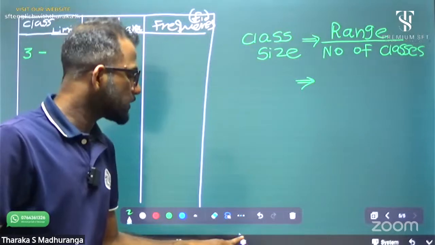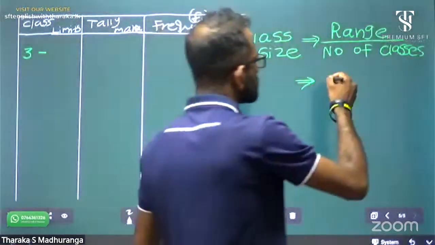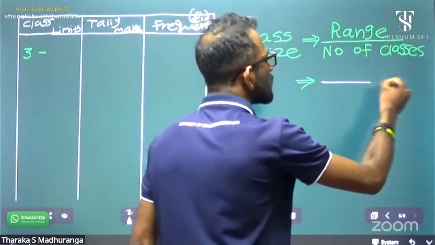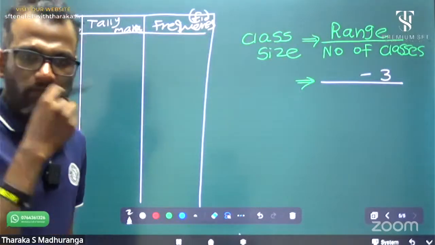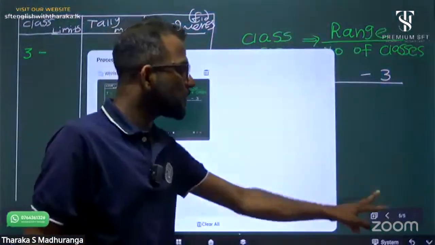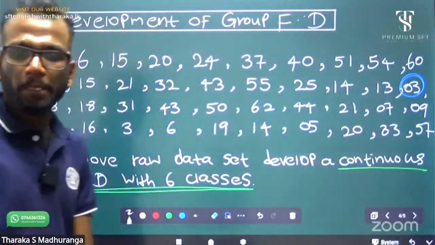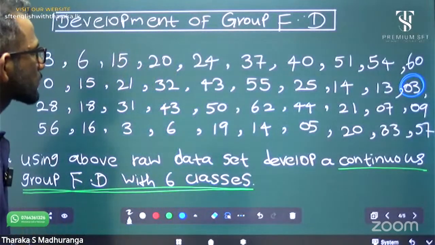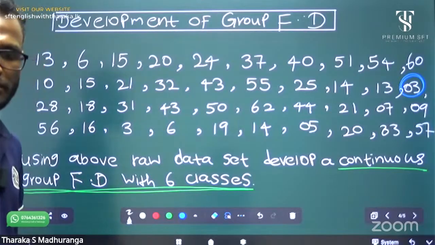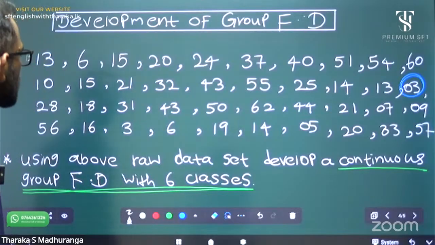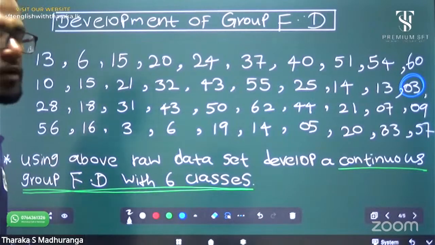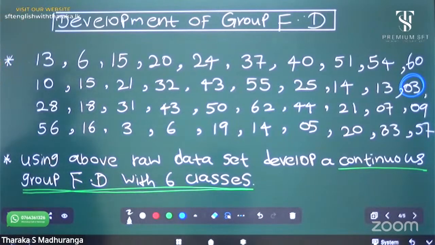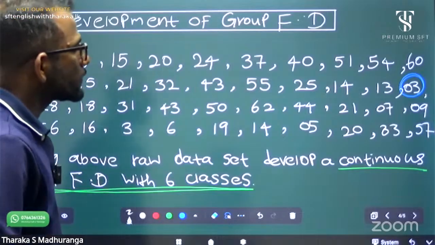Now the range. The minimum value I got is 3. Then what is the maximum value? Can anyone send me the maximum value? 60, 62. Where is it located?